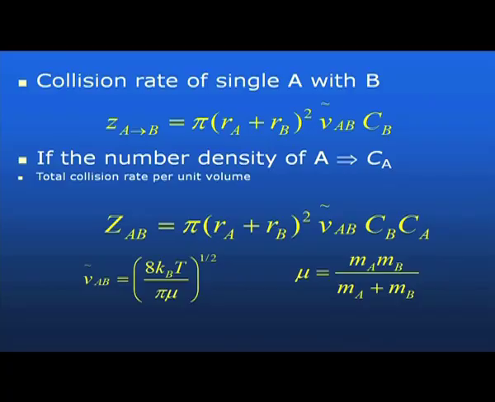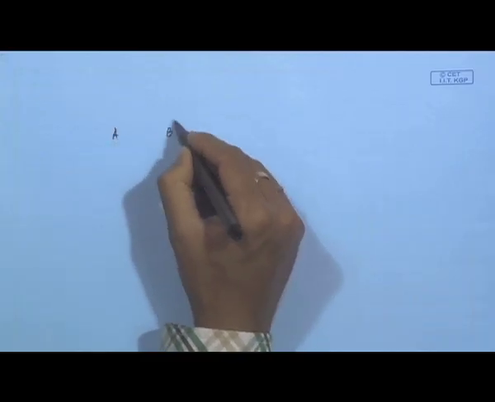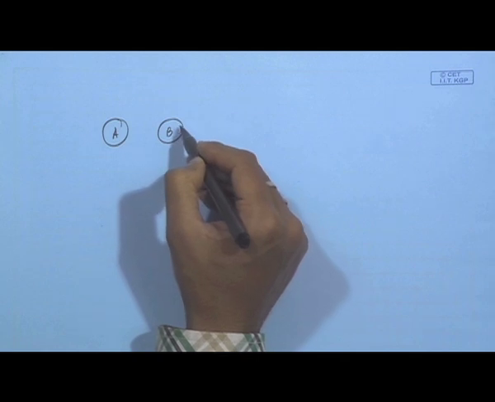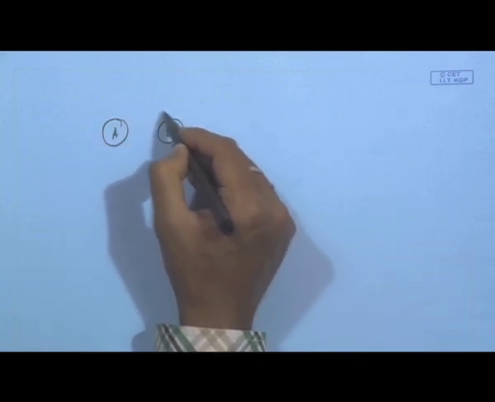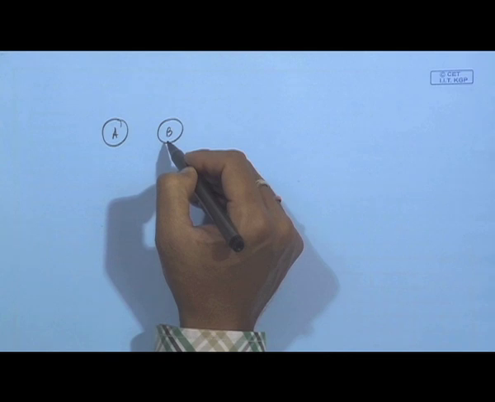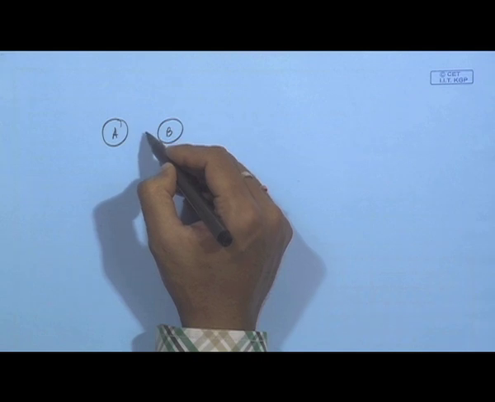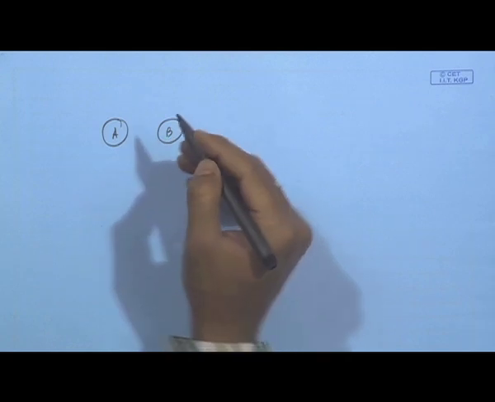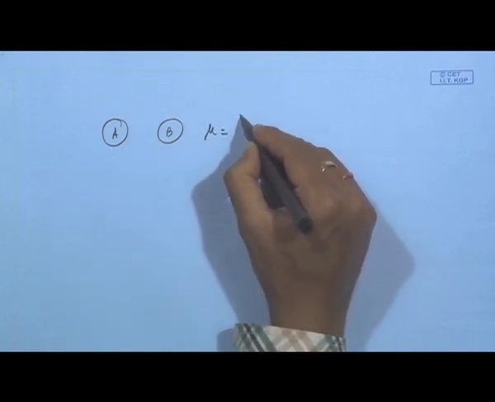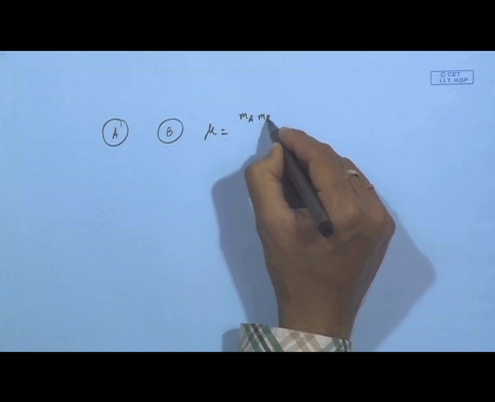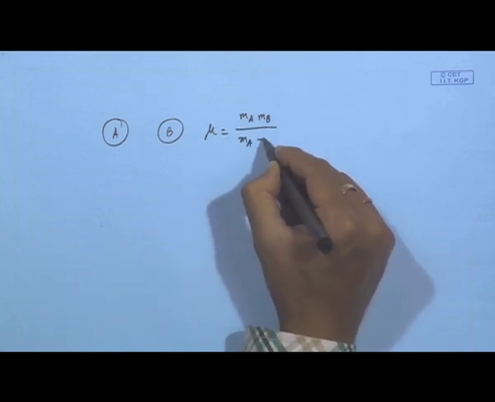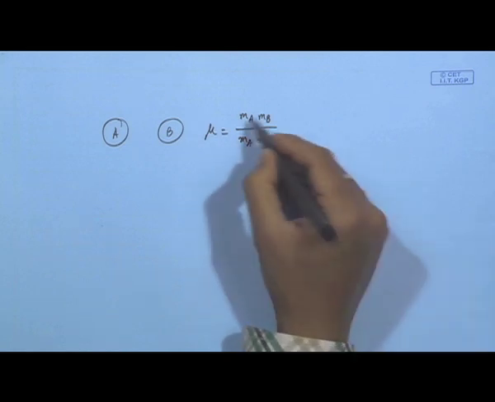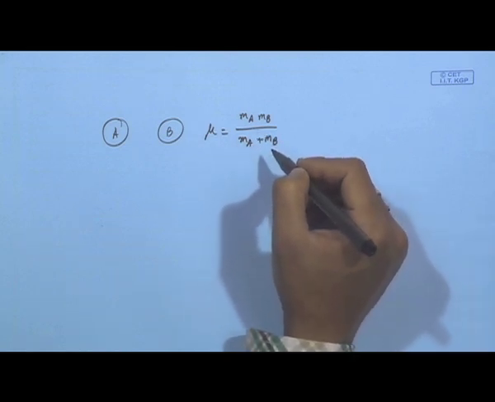So, mu is the reduced mass of the system, as if together A and B, this mass and that mass together, as if this whole system is having a mass mu, which is concentrated at the center of mass of this system of masses. So, mu is equal to MA MB by MA plus MB. MA and MB are the individual masses.